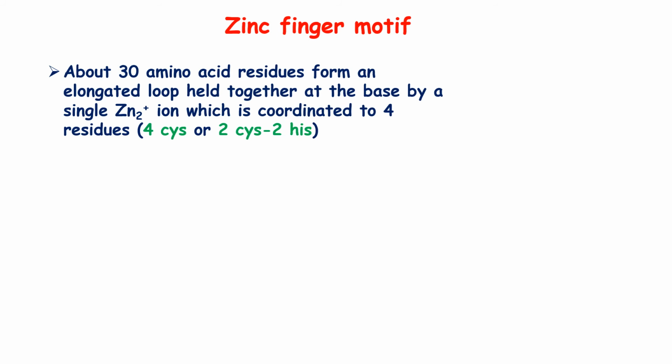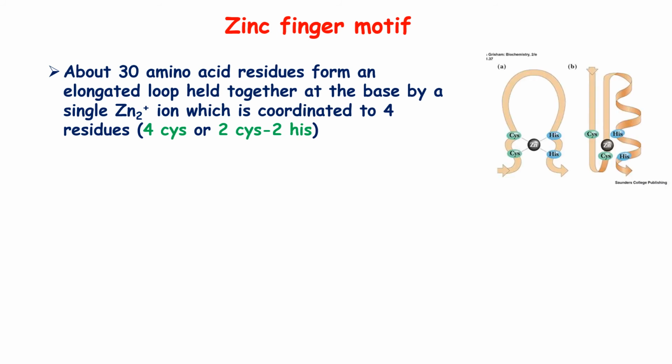The zinc finger motif has about 30 amino acid residues and they form an elongated loop, as you can see in this diagram. The loop is held together at its base by coordinate bonds from 4 of its amino acids to the zinc metal. So the zinc ion forms the bonds.